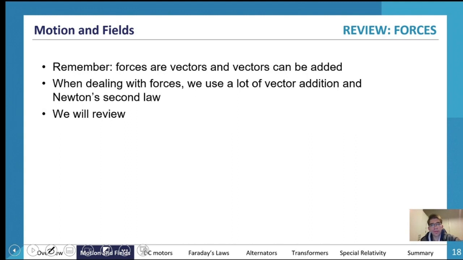Now, remember that forces are vectors, and vectors can be added. When dealing with forces, obviously we use a lot of vector addition and Newton's second law.